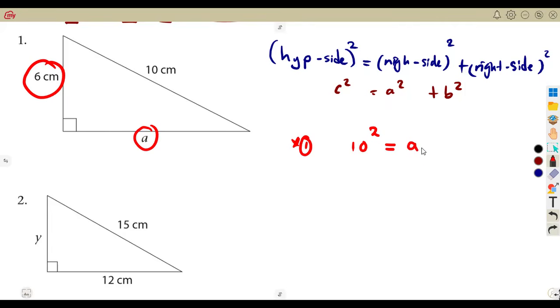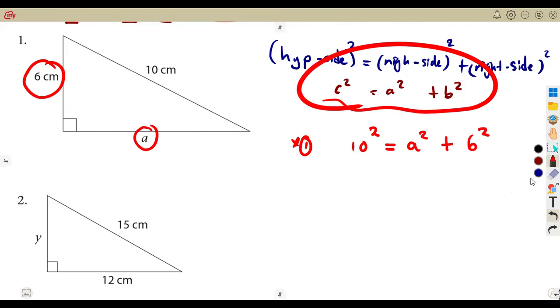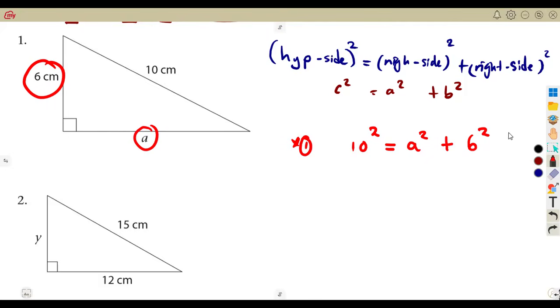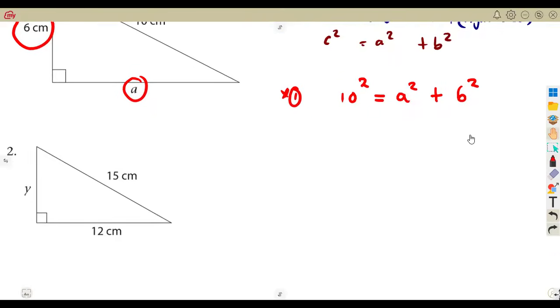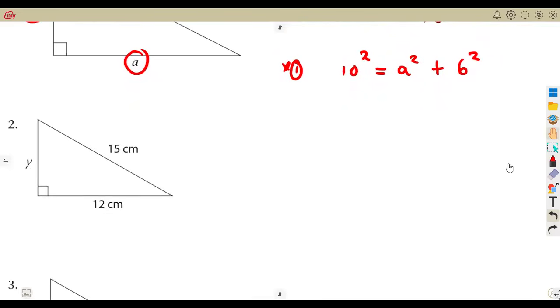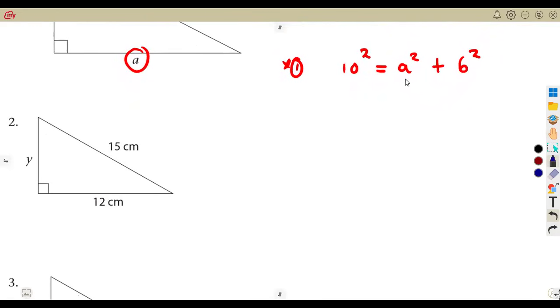So that is where we have A squared plus this other side, which is 6 squared. So that is how you solve this. In substituting these values into your known formula of the Pythagoras theorem, you can see that you have formed an equation where you need to solve for A. So how can you solve for A?